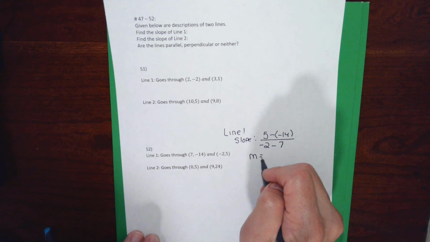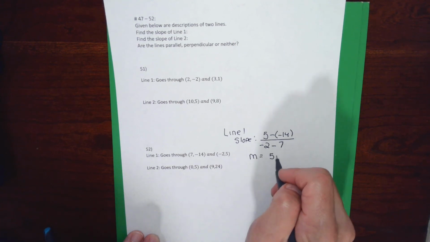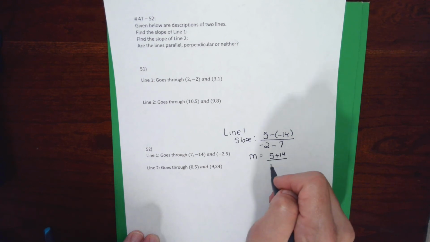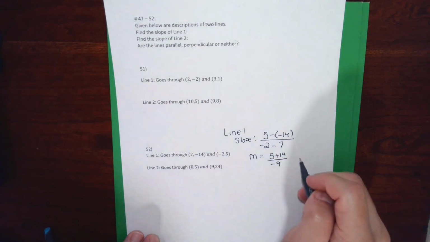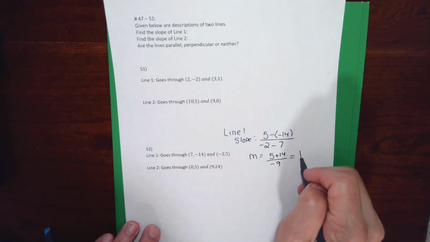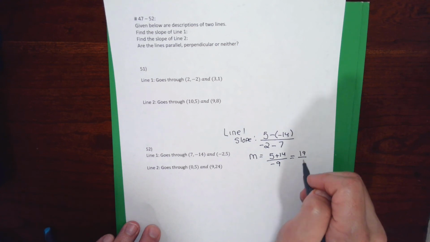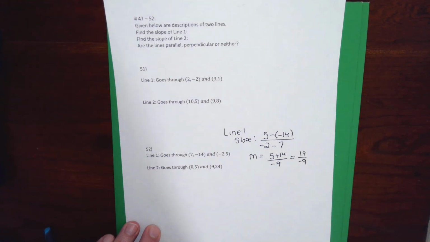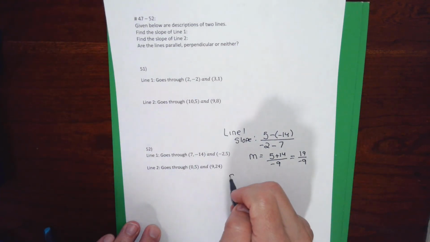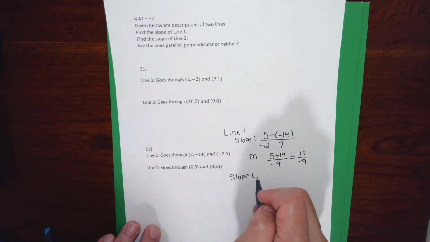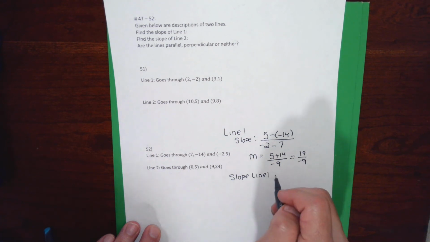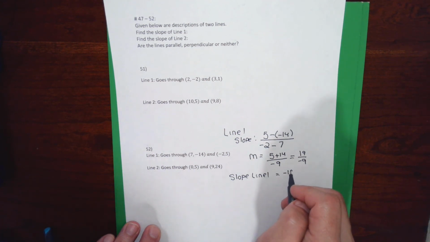As I go to calculate the slope, the numerator has a double negative that I'll make positive. The denominator I can simplify in my head. -2 minus 7 is -9. My calculator's in another room right now, otherwise I would just do this on my calculator. My algebra for the slope of line 1 gives me the fraction 19 over -9. I'm going to write that with the negative in the numerator.